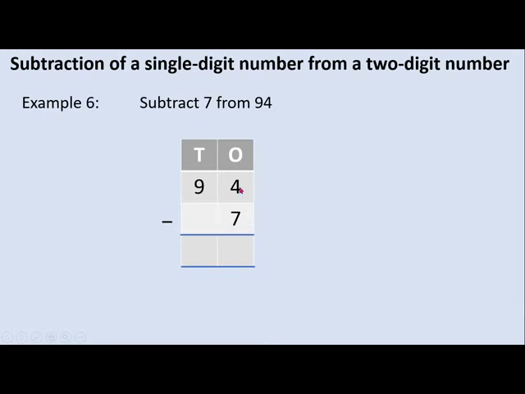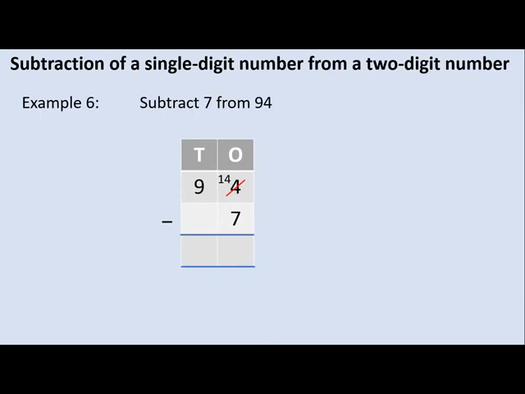So to subtract 7 from 4 is not possible because 4 is smaller than 7. In such case, what we do is we will borrow 10 ones from the neighboring or tens column. So when we borrow 10 ones from 9, this number 4 becomes 14.